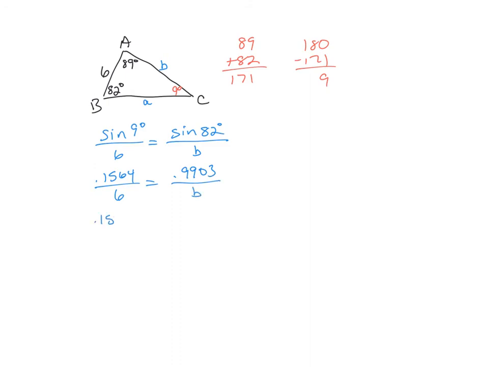So we multiply the diagonals. 0.9903 times 6 is 5.9418, and then divide by 0.1564. And we get 37.99, so that's really 38.0.